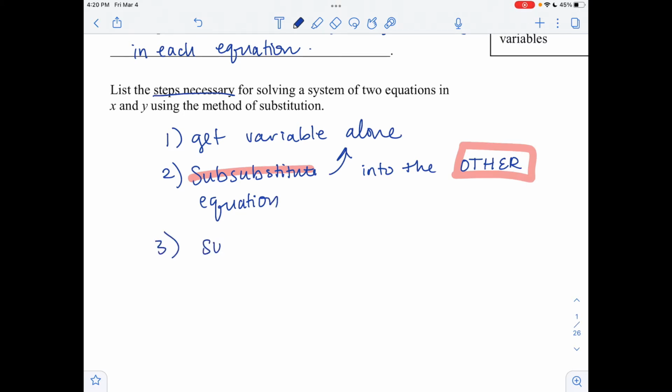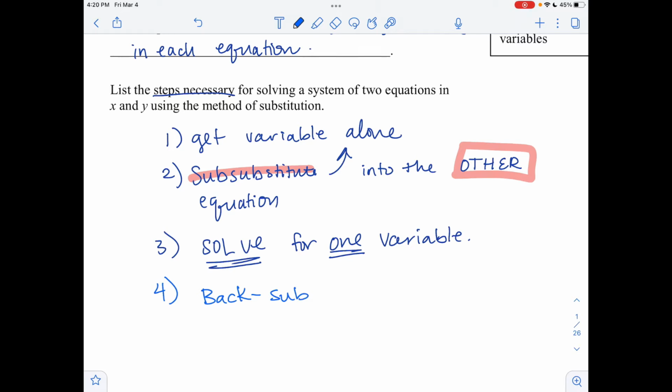Step 3, then you're going to solve for the one variable that should be left. So if you did step 2 properly, you should only see one variable in that equation. And then lastly, you're going to use back substitution, or substitute again, to solve for the other variable.